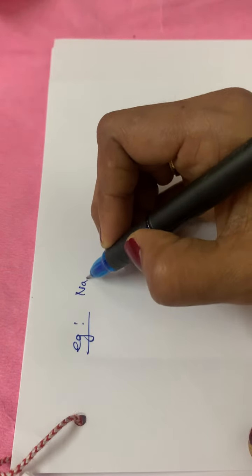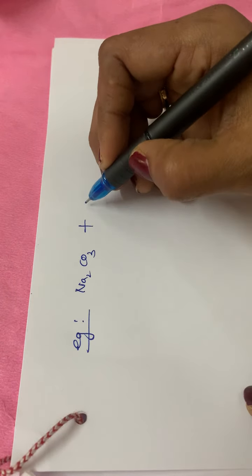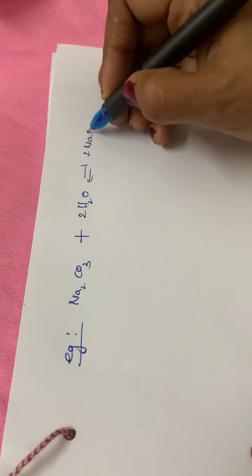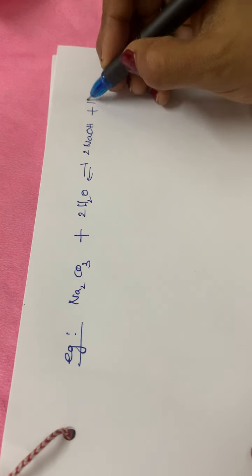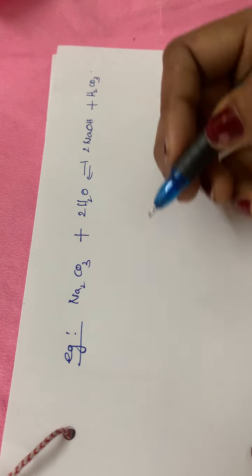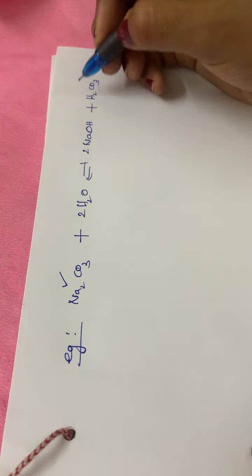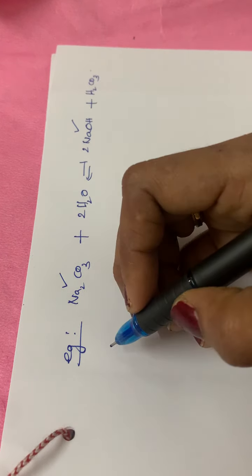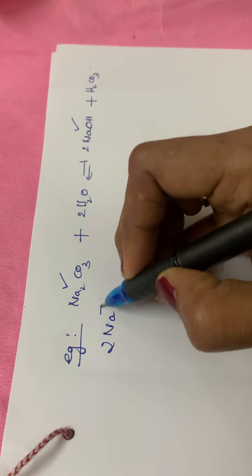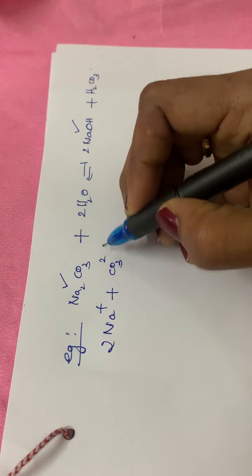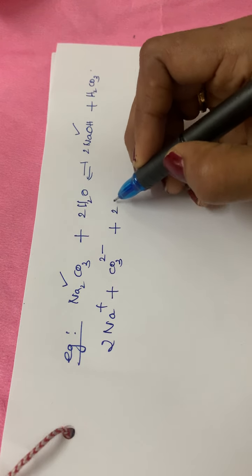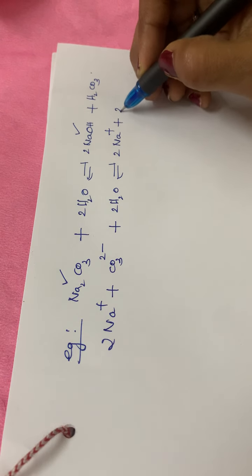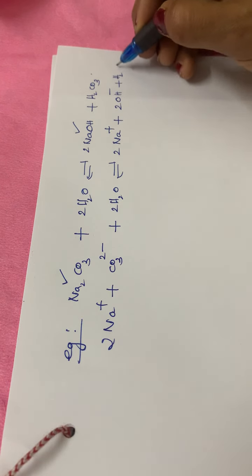Sodium carbonate, example 2, Na2CO3 undergoes hydrolysis, that is reacting with water to form 2NaOH plus H2CO3. So this one will be ionizing and this sodium hydroxide will be ionizing. Carbonic acid, it is a weak acid. So sodium carbonate will be ionizing as 2Na plus CO3 2 minus plus 2H2O giving 2Na plus 2OH minus plus H2CO3.